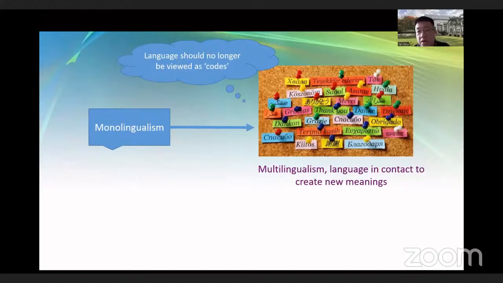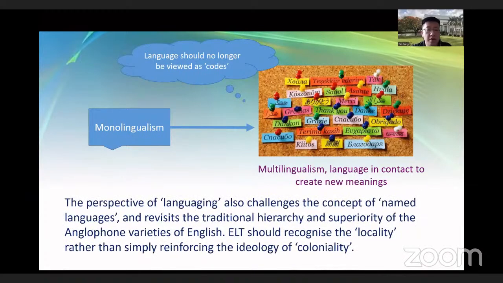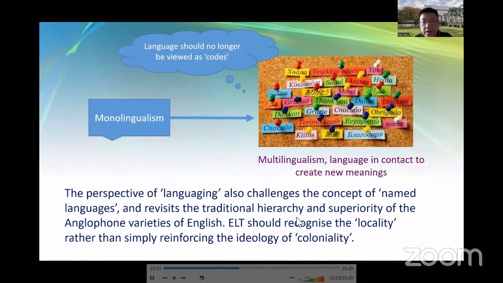So we focus more on the negotiation, the use of linguistic and cultural repertoire, and semiotic resources in communication. So here the perspective of language, or languaging, translanguaging also challenges the concept of named languages and revisits the traditional hierarchy and superiority of the Anglophone varieties of English.